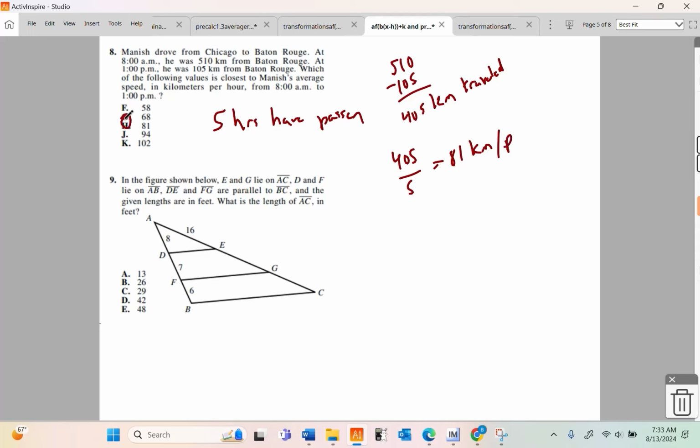Number 9, straight out of your 10th grade geometry year. In the figure shown below, E and G lie on segment AC, D and F lie on segment AB. And let's see, we're told a whole bunch of things are parallel.